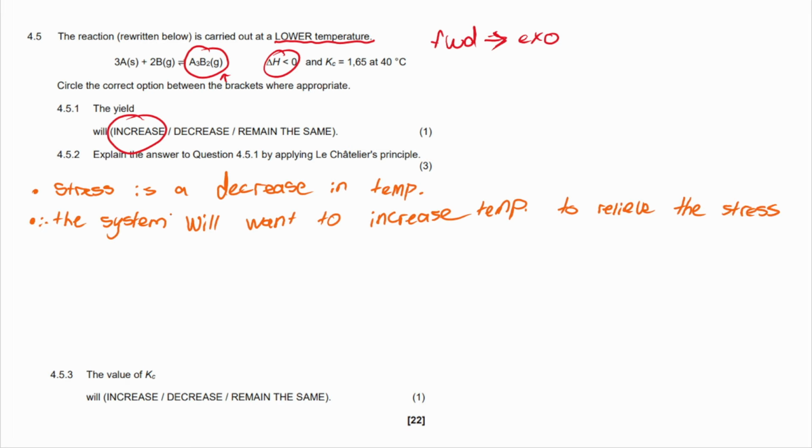Okay, so you need to be saying that the stress is a decrease in temperature, because we're going to increase the temperature to relieve the stress. So you do need to talk about the stress and then relieving the stress. I'll explain the bullet points after we're done going through them.